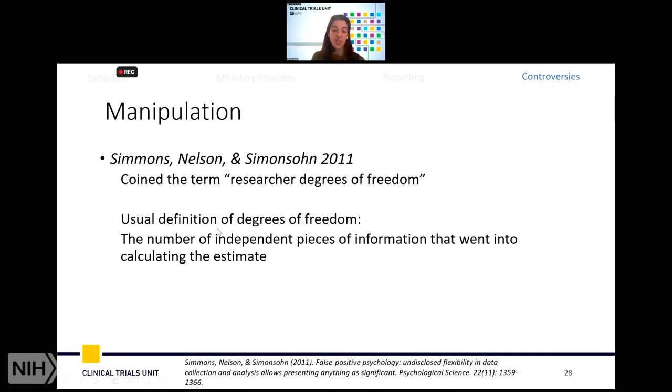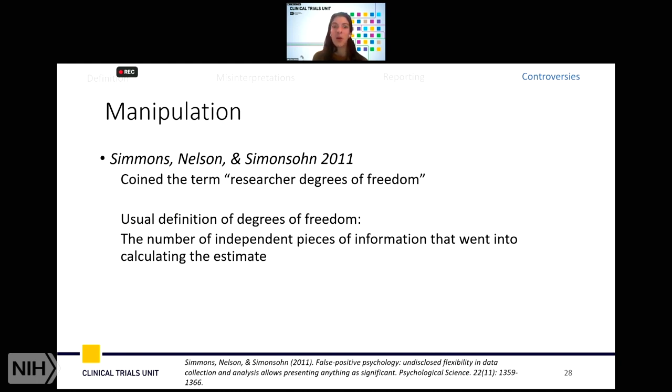And the usual definition, the statistical definition, why this is a funny or accurate phrase to call it: in statistics, the degrees of freedom is the number of independent pieces of information that went into calculating the estimate. And so researcher degrees of freedom are the things that we do as researchers that impact the findings that we ultimately end up seeing, that we sometimes aren't even aware of.